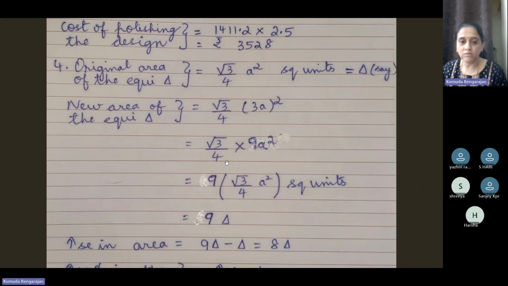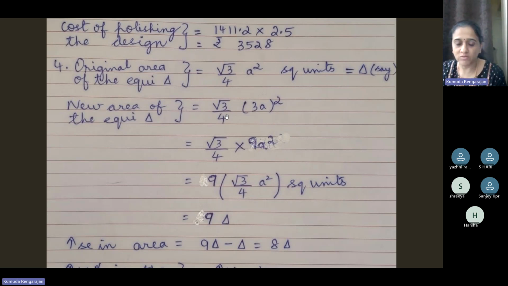Now just rearrange so that you can see √3/4 a square, because that is delta. So how many times delta? Bring the 9 here and then √3/4 a square in the bracket. So that's nothing but 9 delta.